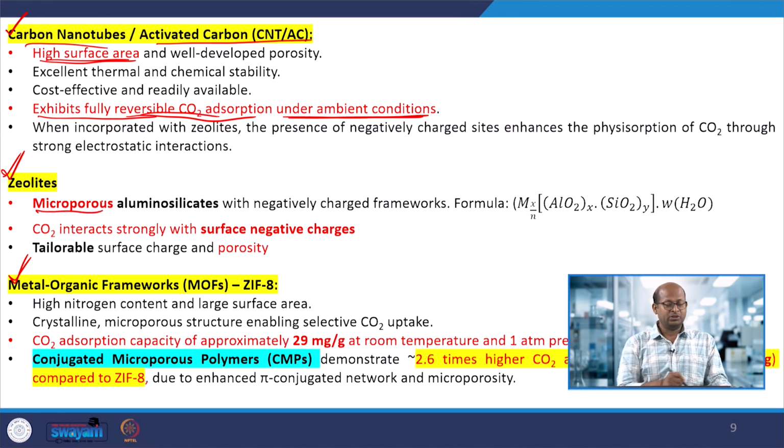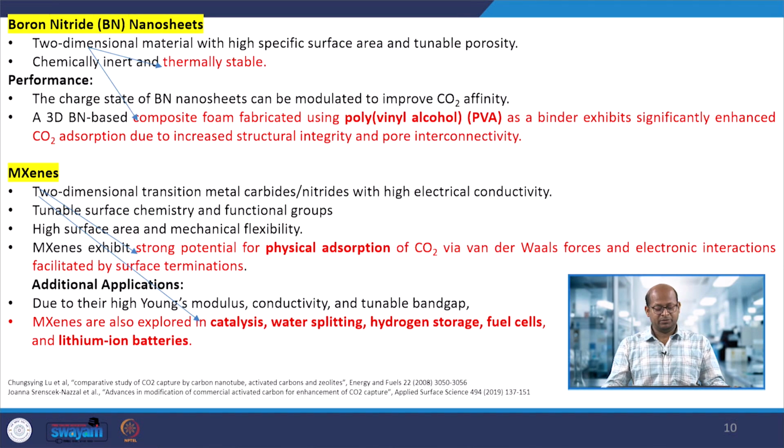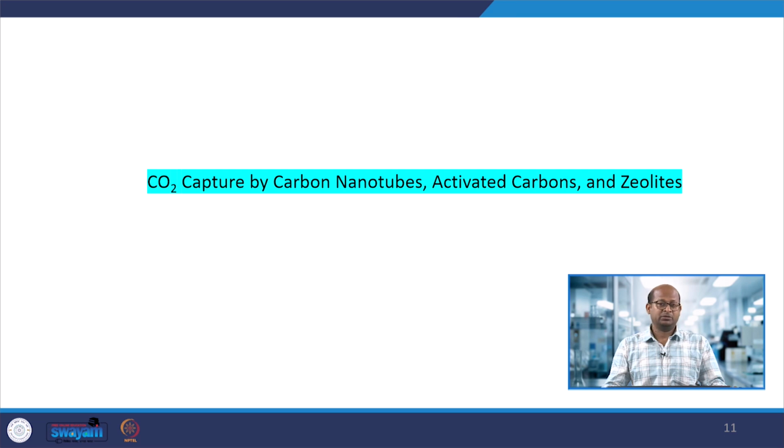Similarly zeolites have micropores and can interact strongly with CO2 and separate it out. Different types of MOF can also increase the amount of CO2 separation more. And boron nitride, as already said, is thermally stable. MXenes are also there, which can also separate out CO2 from mixtures, okay.